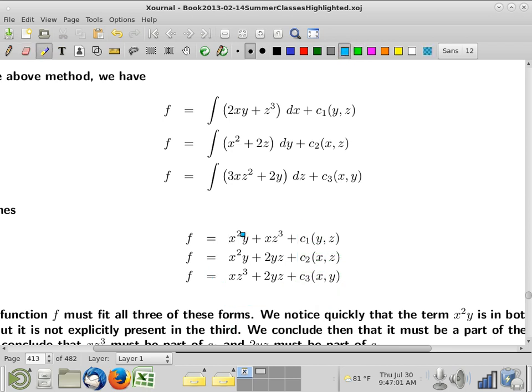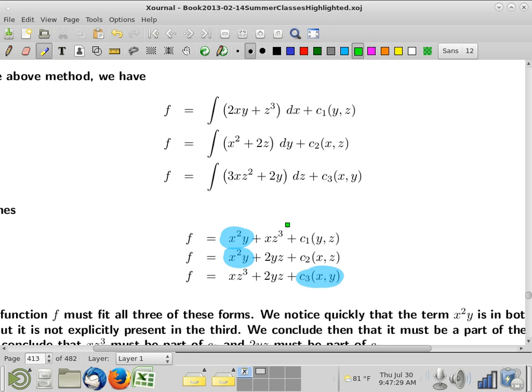Here's the idea. There's an x squared y in these two. There's no x squared y in there, but x squared y could be that function. The only requirement on C3 is that it not have any z's in it. So I could let C3 be x squared y, and now there's x squared y in all three equations.